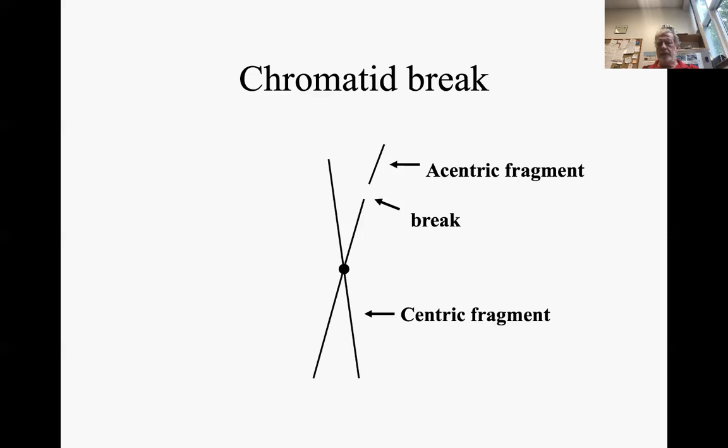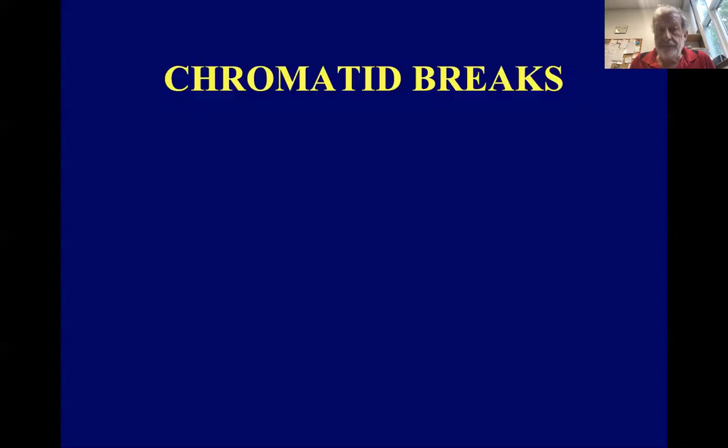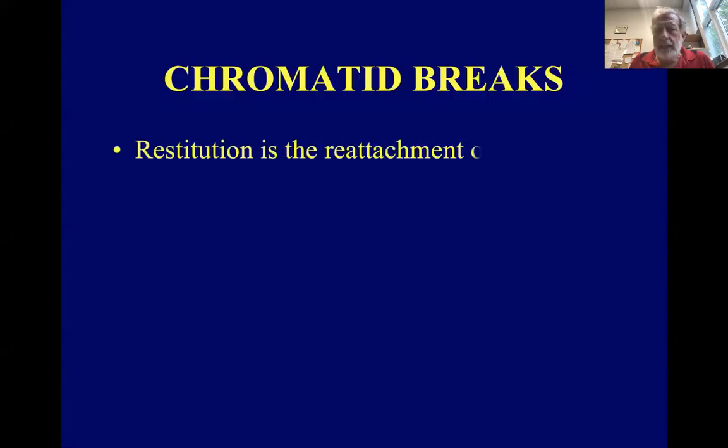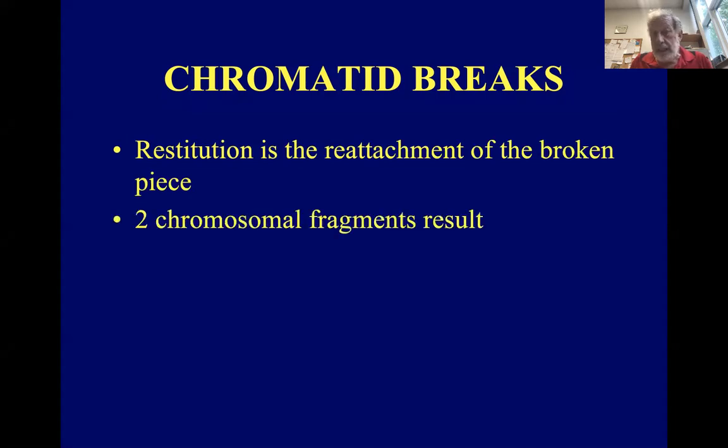Here's a chromatid break, and that yields a centric fragment. That is a fragment with a centromere when this thing splits, and then an acentric fragment. That's a fragment of the chromosome with no centromere. So then the best outcome would be restitution.